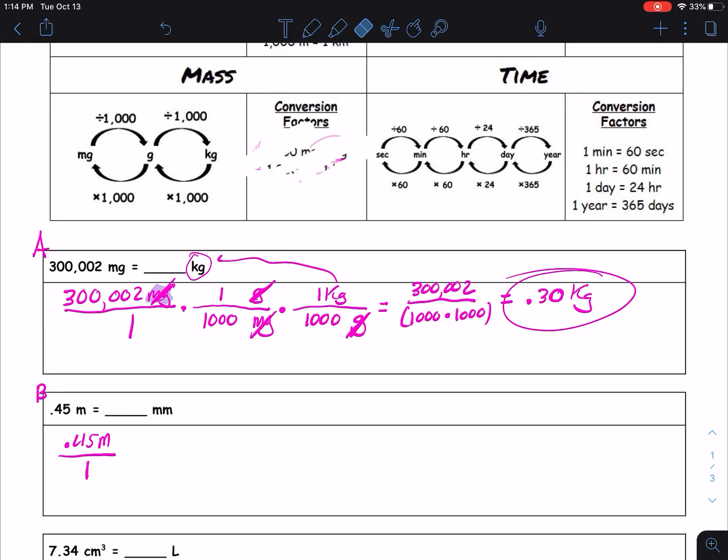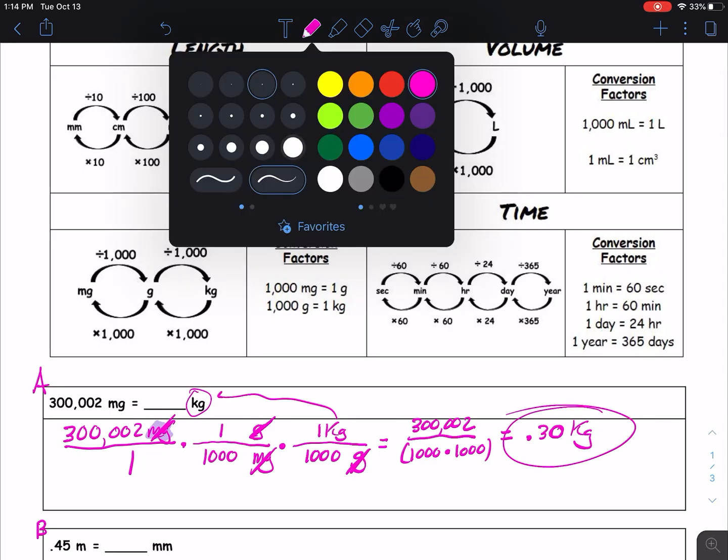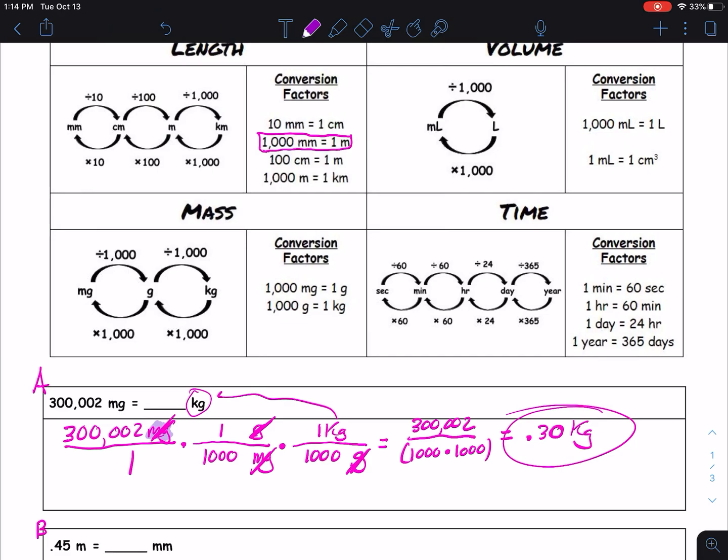But when we look up here, we see there's actually two things. This could be a one-step or a two-step. If you look at this one here, it's going to be a one-step. If you don't look at that one, it's going to be a two-step where we look at meters to centimeters, and then centimeters to millimeters.